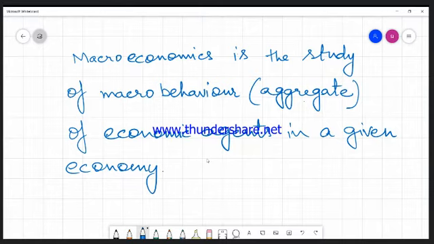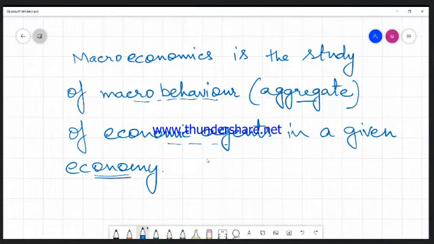So when you see this, you are observing that we are talking about macro behavior, that means the aggregate behavior. We are talking about economic agents, and the behavior is with respect to the economy.